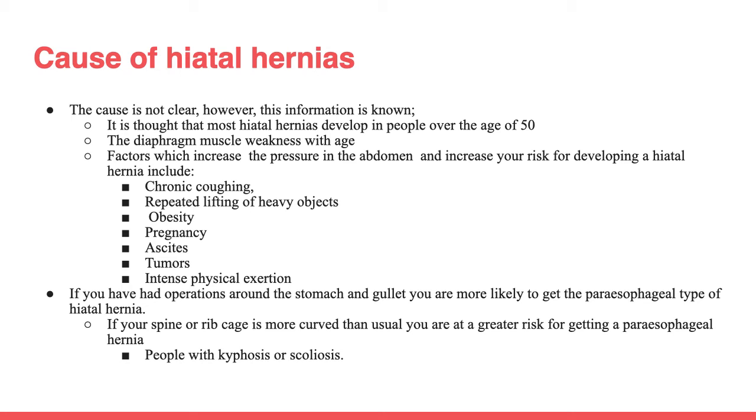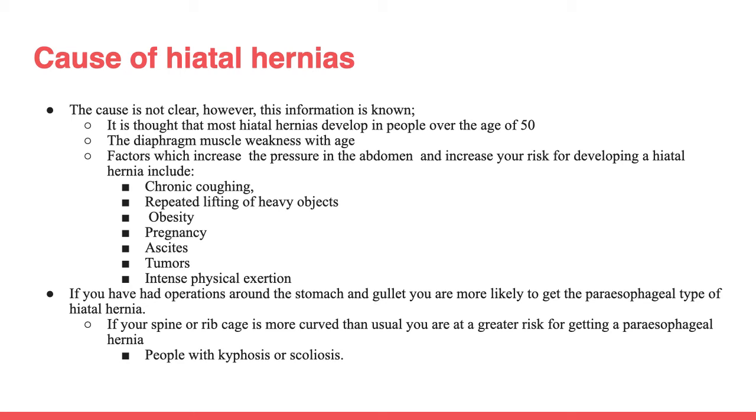Factors which increase the pressure in the abdomen and increase your risk for developing a hiatal hernia are chronic coughing, repeated lifting of heavy objects, obesity, pregnancy, ascites, tumors, and intense physical exertion.